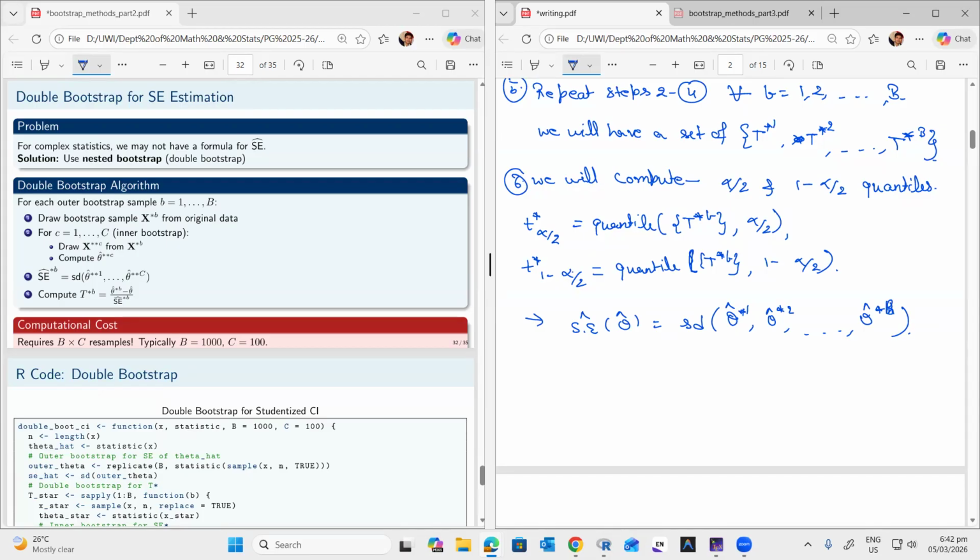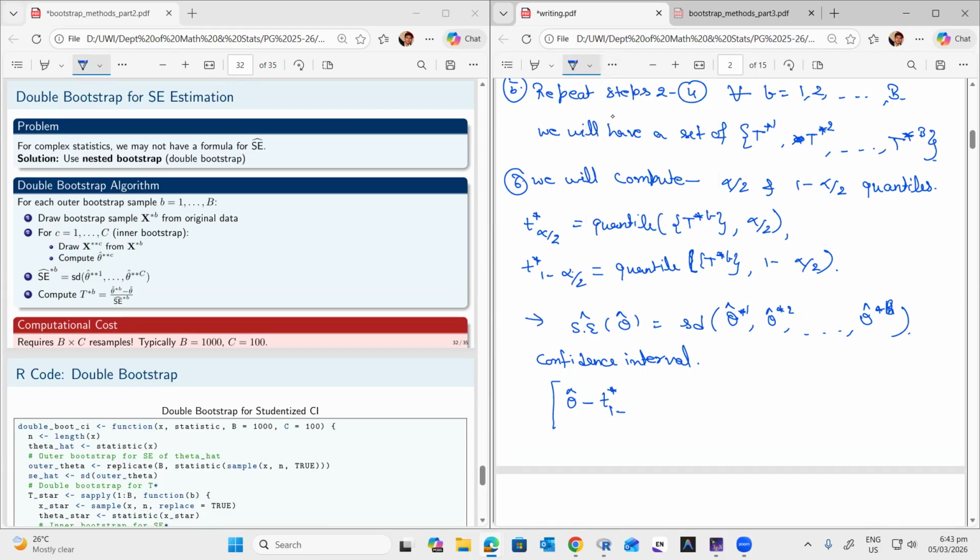So after that, you can calculate the confidence interval here. In a similar way, the confidence interval will be, the lower limit is theta cap minus T star 1 minus alpha by 2 times the estimated standard error of theta cap, and the upper limit will be theta cap minus T star alpha by 2 times the estimated standard error of theta cap.